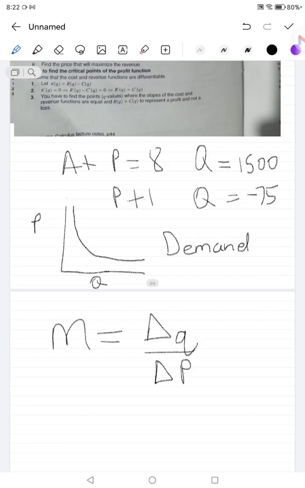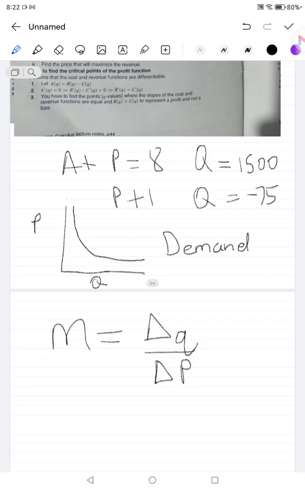And in everything you are doing in calculus, you must question it: if I'm dealing with p and q, why did I say my m is equal to delta q over delta p and not delta p over delta q?